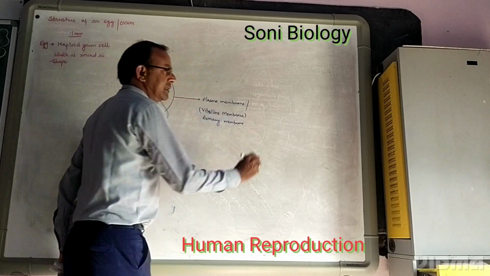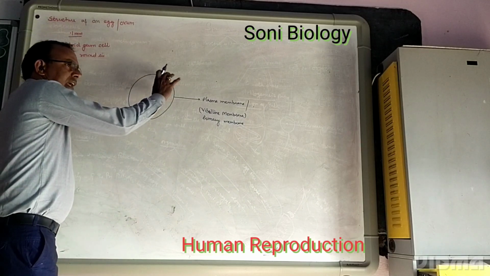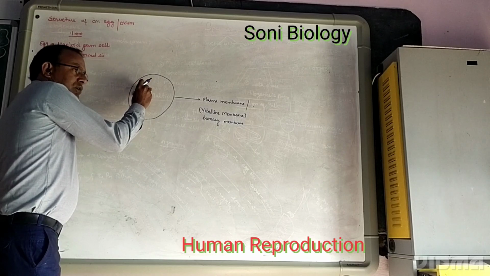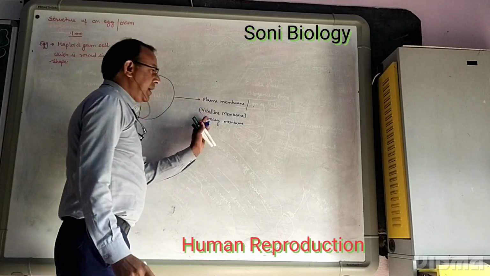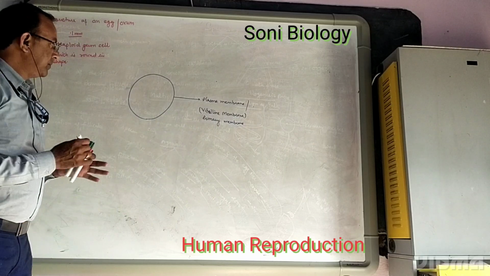This membrane is made up of its own cell. So it is called plasma membrane as well as vitelline membrane and primary membrane.